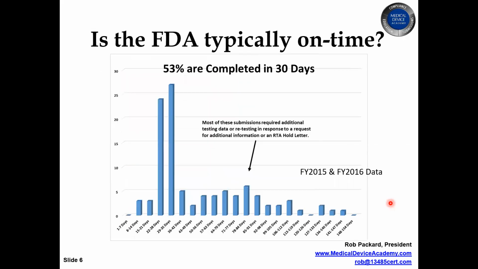So how is the FDA doing on that timeline? A lot of people wonder, like, well, how likely is it that they'll actually complete their review in 30 days? And the answer is 53% of the time they get it done in 30 days.